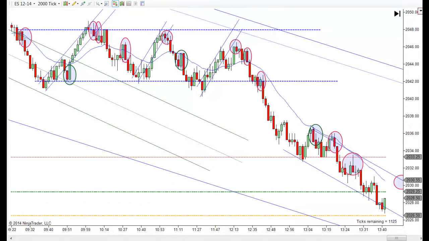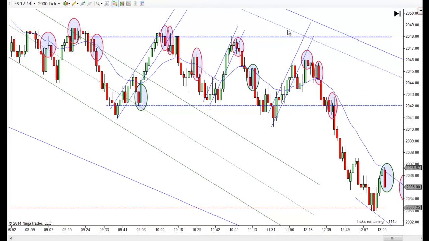And it just keeps working lower, and then you get a bounce. This one's questionable. If you have your midline, if you've drawn your bigger, let's go ahead and put this on here now.